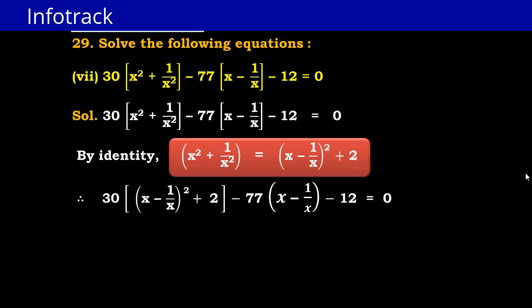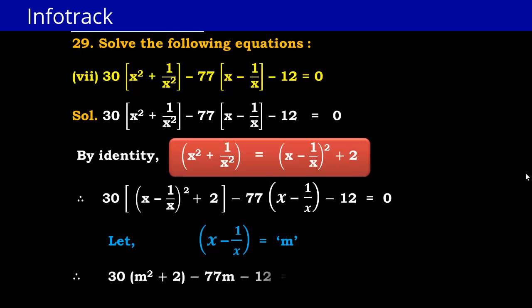Now see student, for x minus 1 upon x we can assume m. So let's substitute the value of this bracket as m. We get 30 into bracket m square plus 2, minus 77m minus 12.